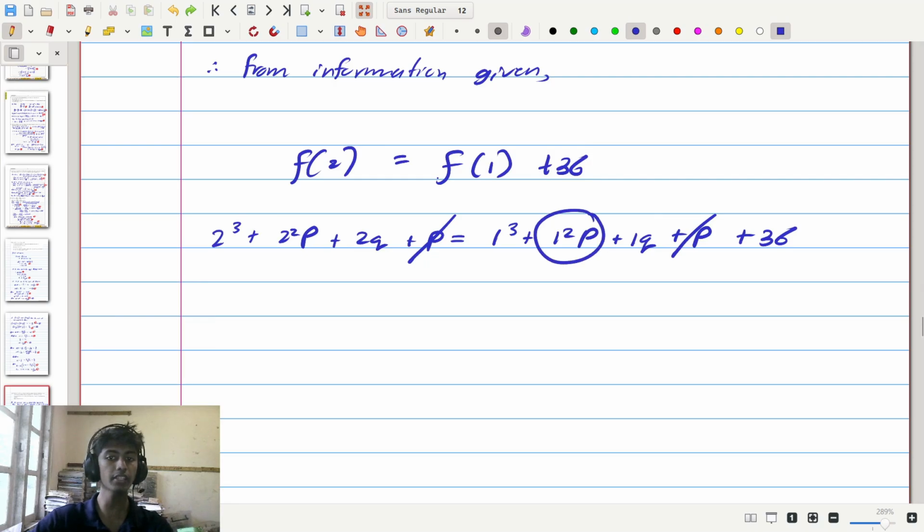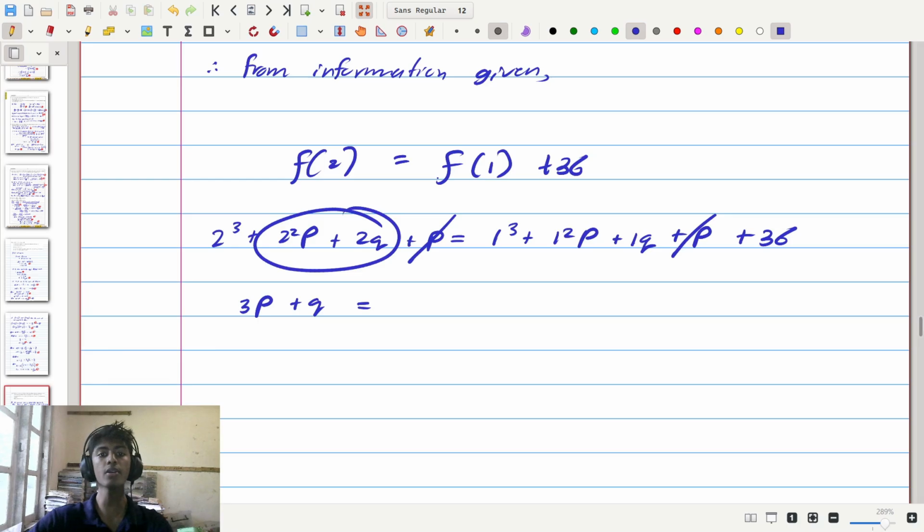And therefore, if we take this to this side, we get 4p minus 1p, which is 3p, which is what we wanted, plus q. Therefore we get 3p plus q equal to, and if we ignore all of those terms, we have an 8 here, a 1 here, and a 36 here. So we have 36 plus 1 minus 8, since the 8 is on this side.